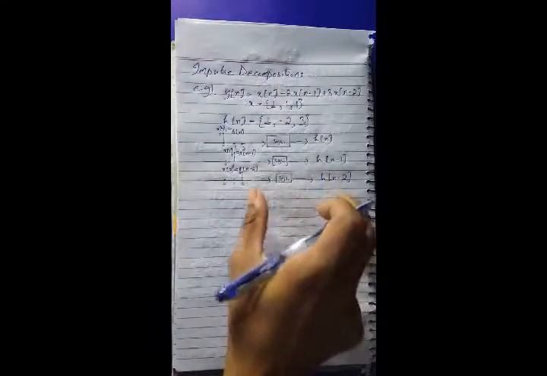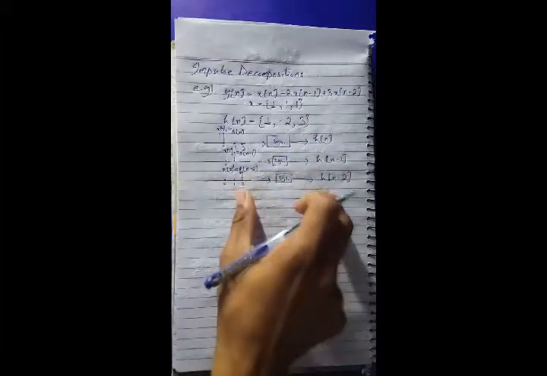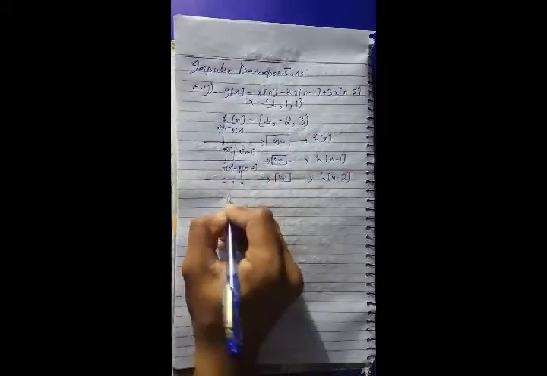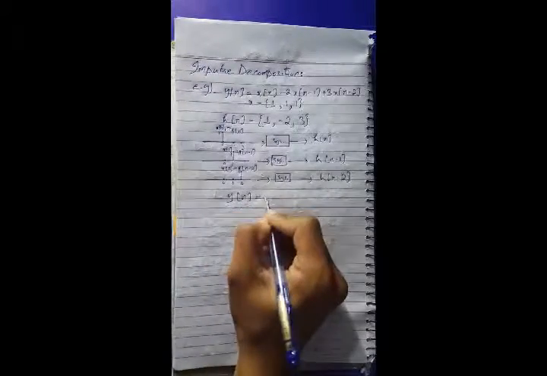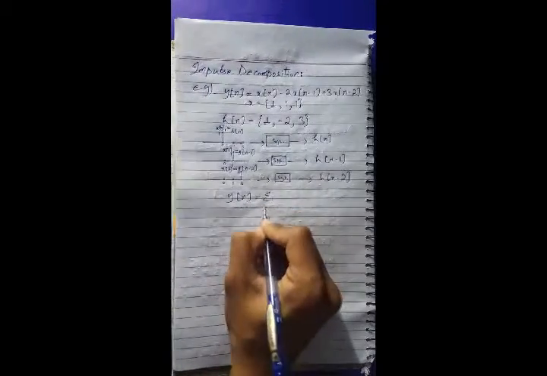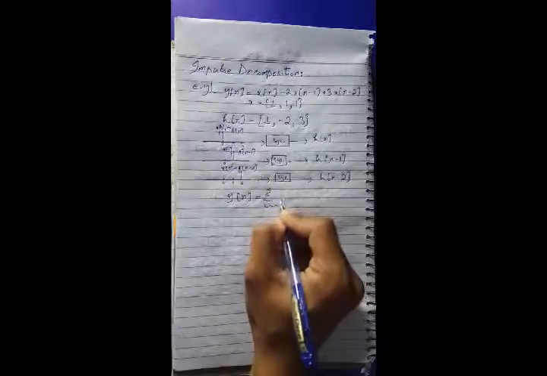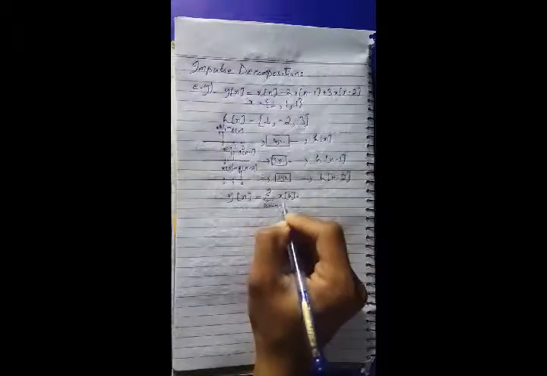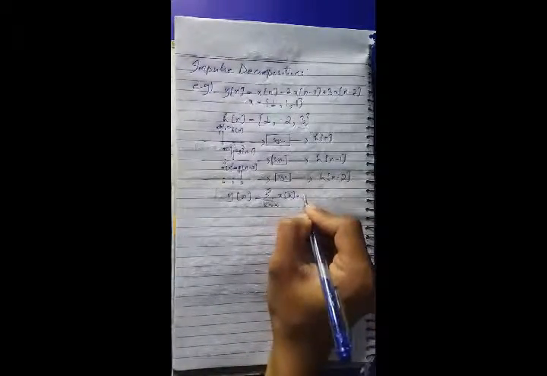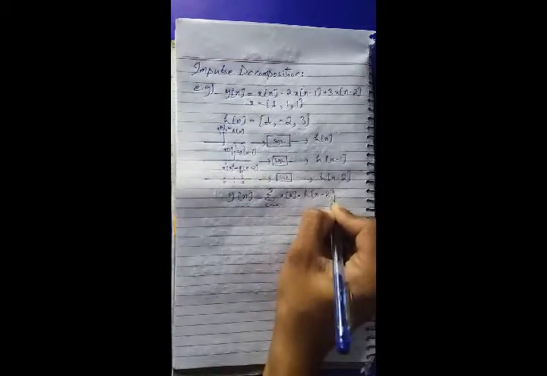So if we generalize what we are performing, we can say that y of n is equal to the summation over k from minus infinity to infinity of x of k multiplied with h of n minus k.